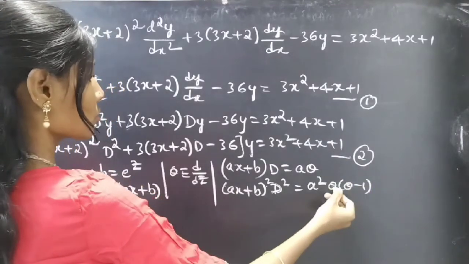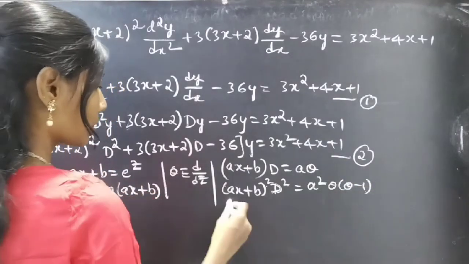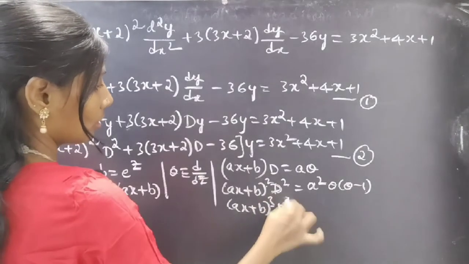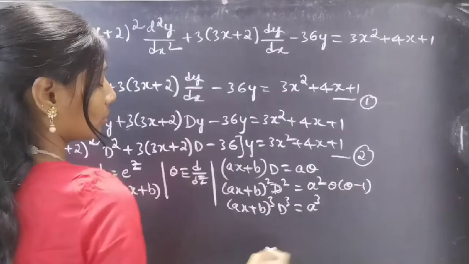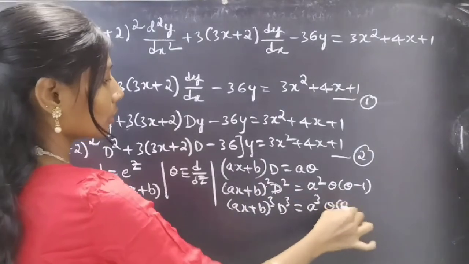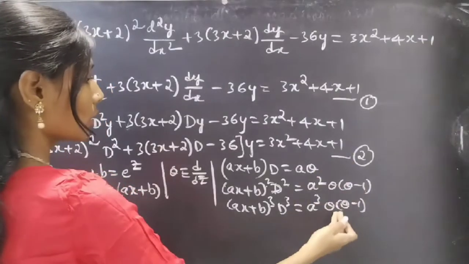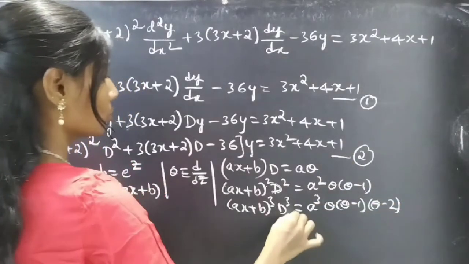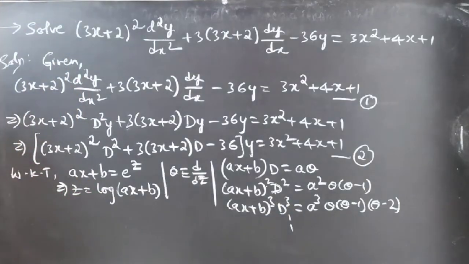Since we are having square, you'll get theta into theta minus 1. We have cube, then you can replace this term by a³ theta(theta−1), since it is cube, so you'll get theta(theta−1)(theta−2) and so on, right?